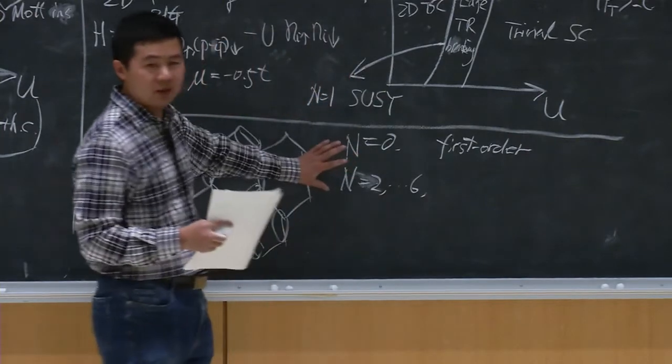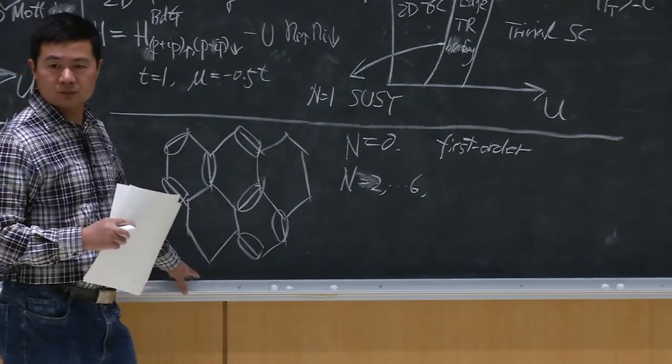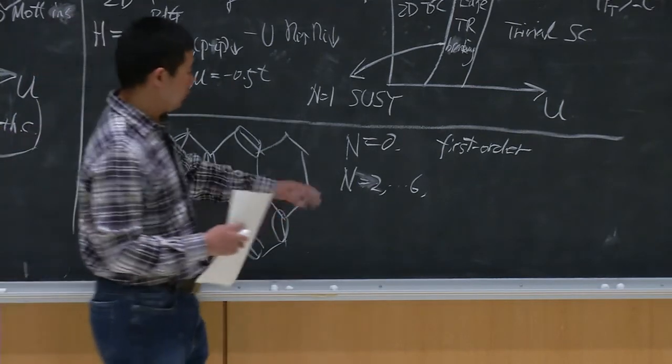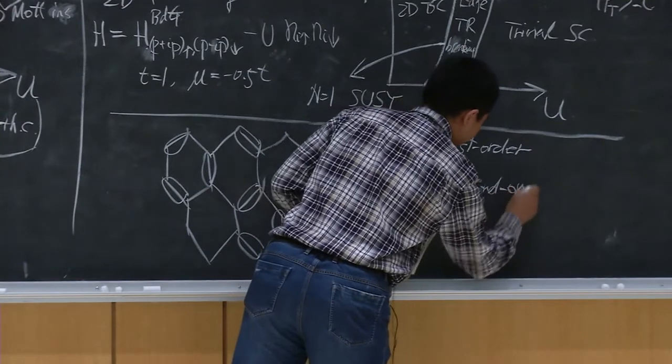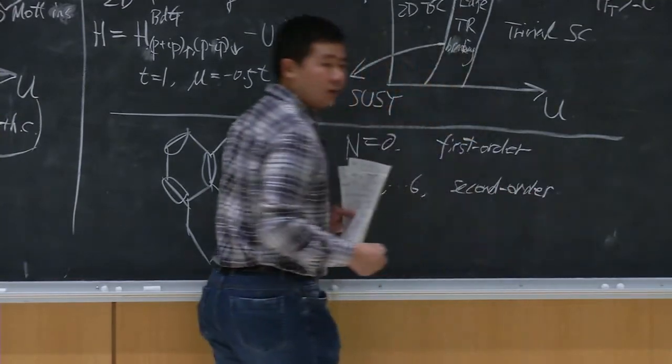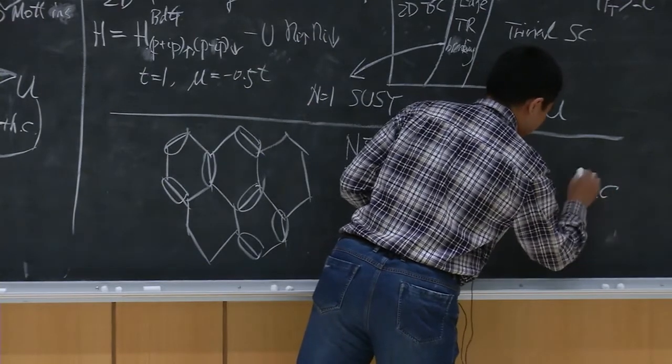We always found a continuous phase transition instead of a first order phase transition. This is second order, and this is from the quantum Monte Carlo result.